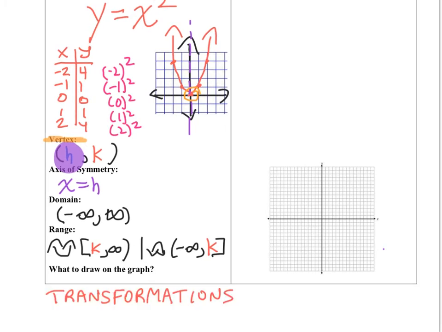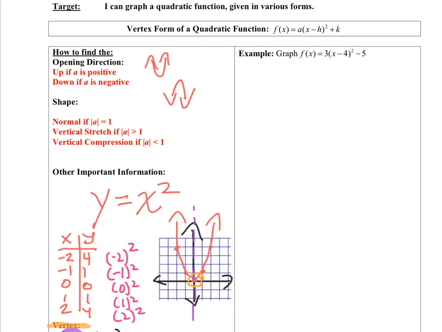So what we'll use to draw the graph will be the transformations from the parent function y equals x squared. Let's do an example. Pause the video for a sec and list the transformations of f of x equals 3 quantity x minus 4 squared minus 5 from the parent function y equals x squared.